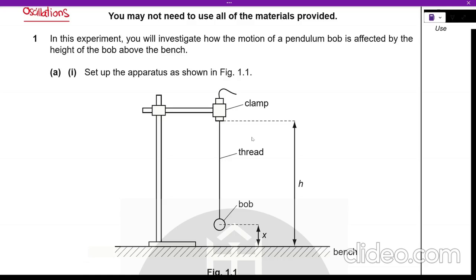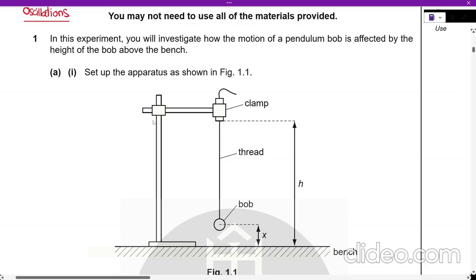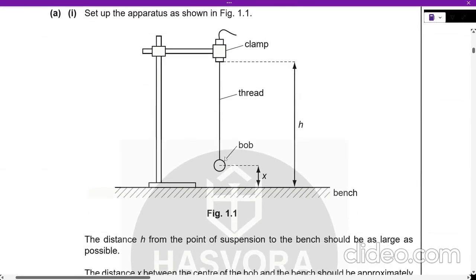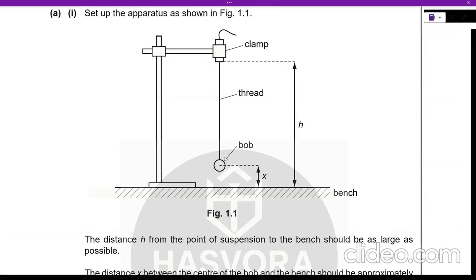So now let's begin. The first question says, in this experiment you will investigate how the motion of a pendulum bob is affected by the height of the bob above the bench. Set up the apparatus as shown in figure 1.1. They have shown you the apparatus: a boss, a clamp, a thread and a bob. You hold the thread in the clamp, and a bob will be connected to the thread.